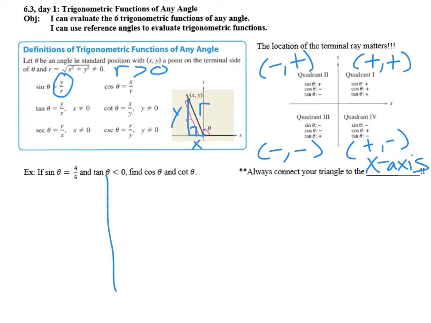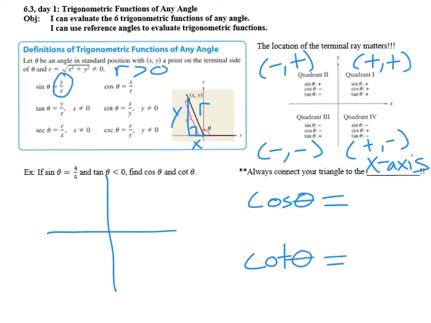So let's head down here. Sine is 4 over 5, but it also tells me that for this angle, I'm looking for two things. I want its cosine value, and I want its cotangent value. Best thing to do is just to draw a picture of the angle.